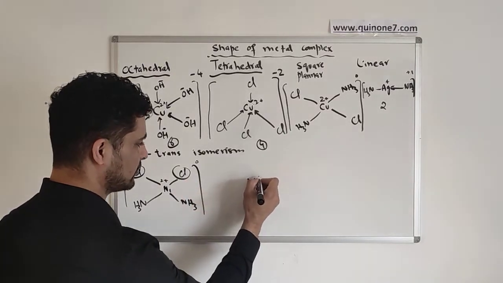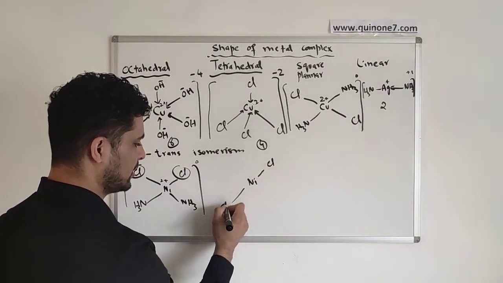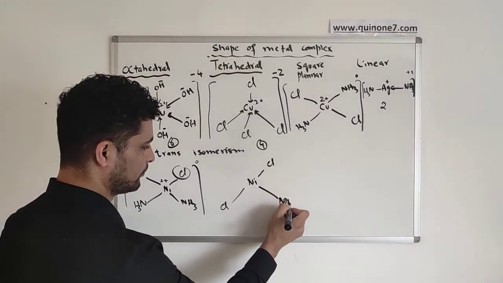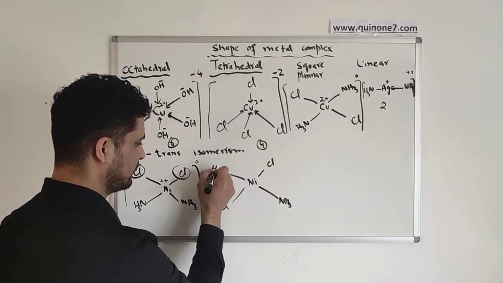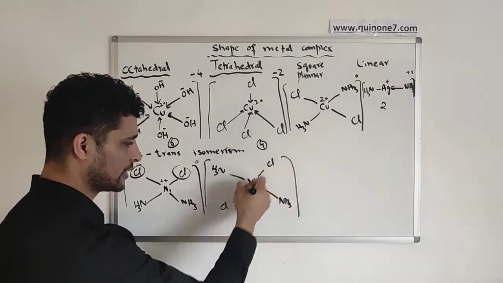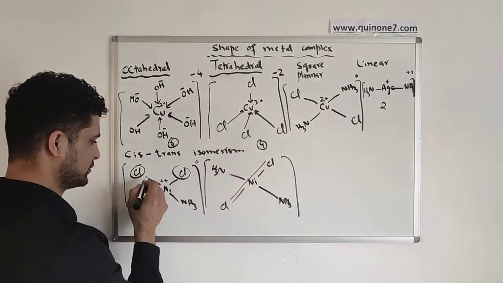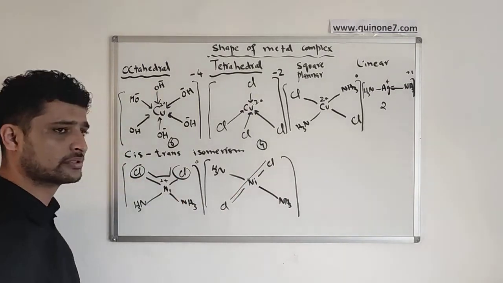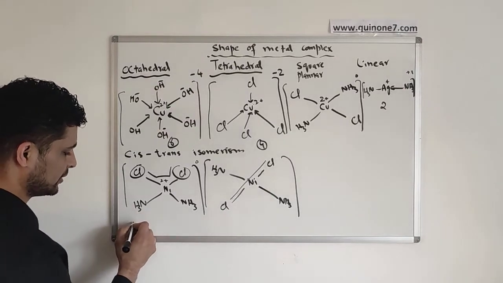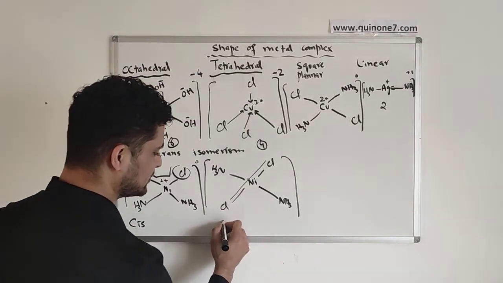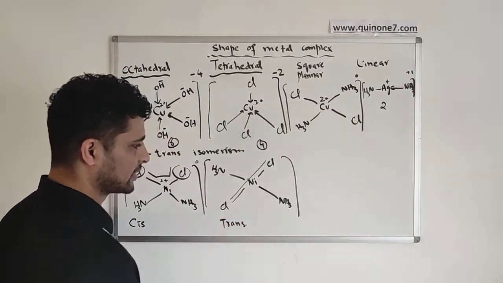You can have another one which is in the trans position. So chloride is now in the trans position. Here you have them on the same side. This one is a cis complex, and this is a trans complex.